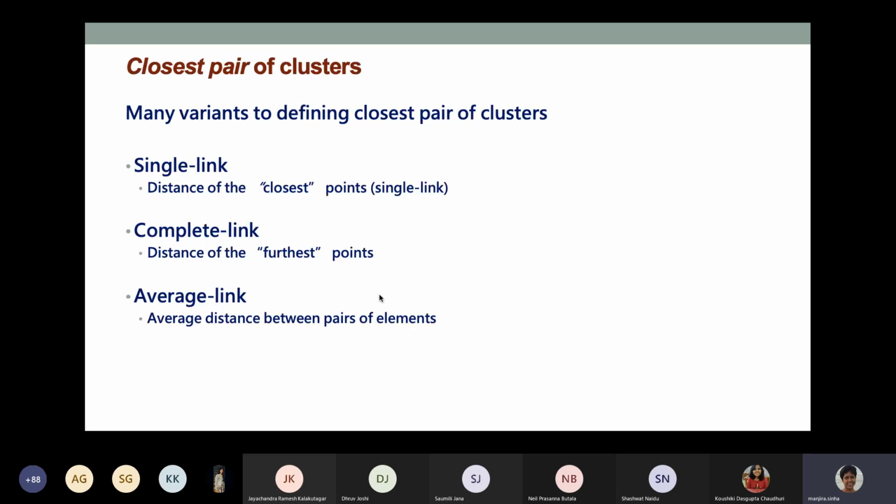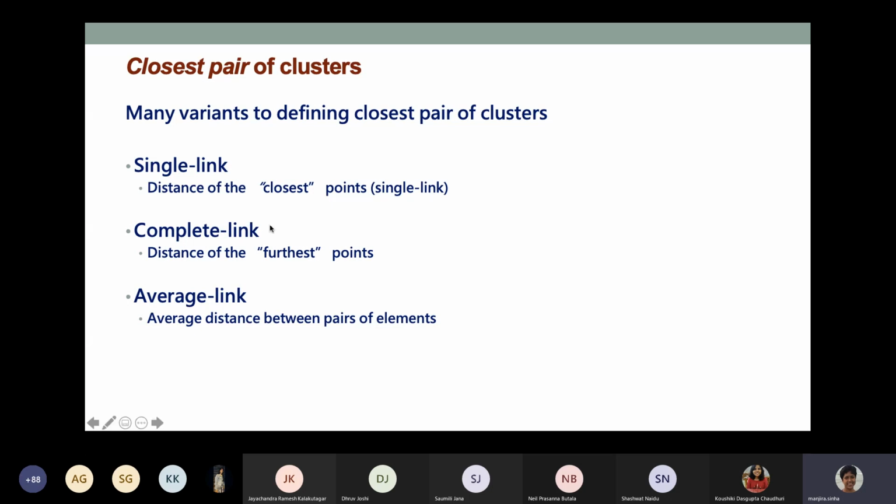Okay. So now there are different ways. In graph terms, the similarity can be defined in terms of their connection. The first is the single link variant, to determine the closest pair of clusters, that is, the distance of the closest points.